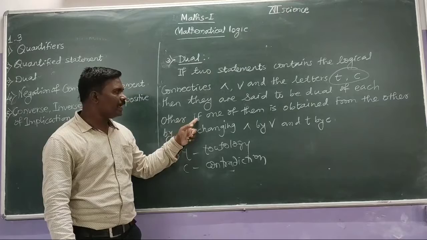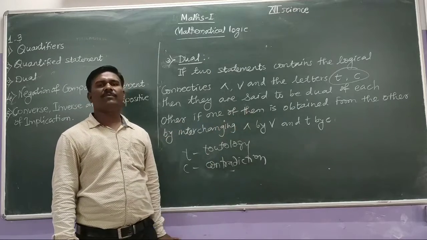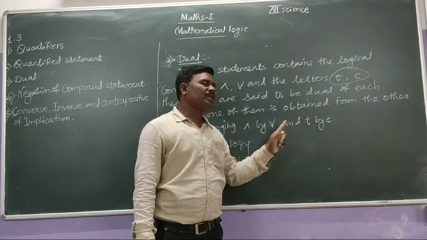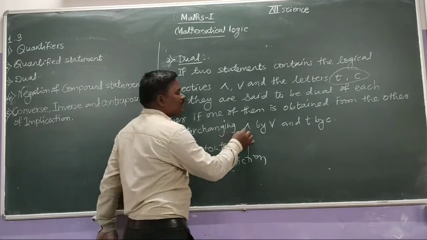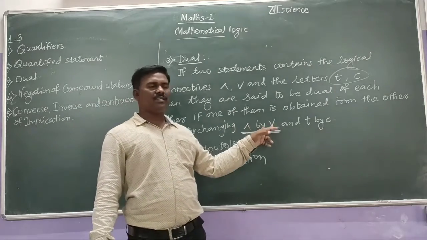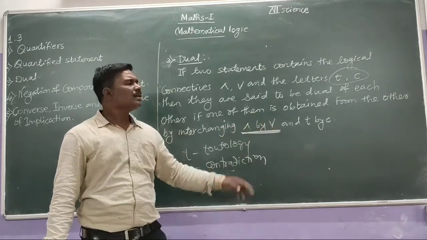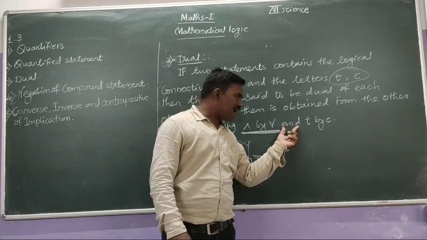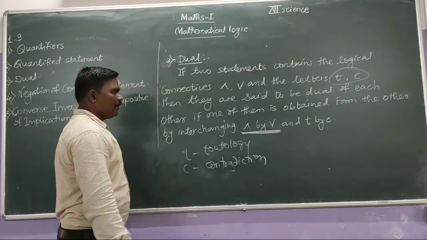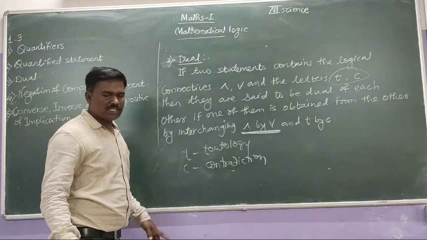They are duals of each other if one of them is obtained from the other by interchanging conjunction by disjunction and disjunction by conjunction, and T by C and C by T. T means tautology, C means contradiction.